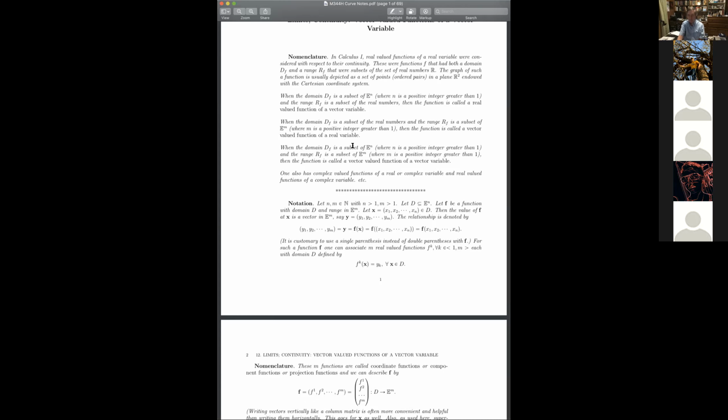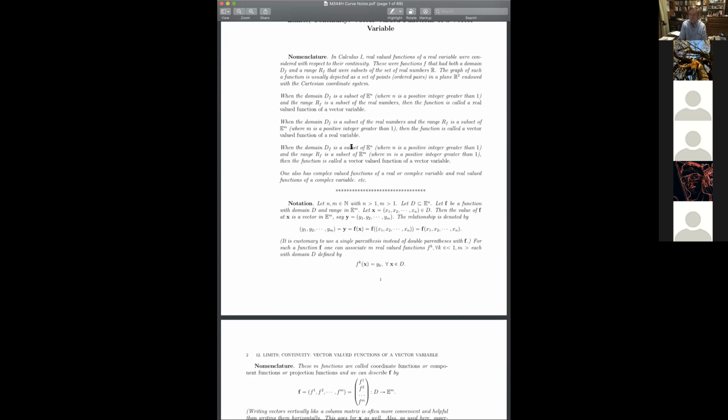Now, when the author says a vector valued function, he stops with that, and he means of a real variable, but it doesn't tell you. In some of the first lines in chapter 13, he says we're going to talk about vector valued functions, and he stops the sentence. He should say of what, because you can have vector valued functions of a real variable or a complex variable or an n-dimensional variable.